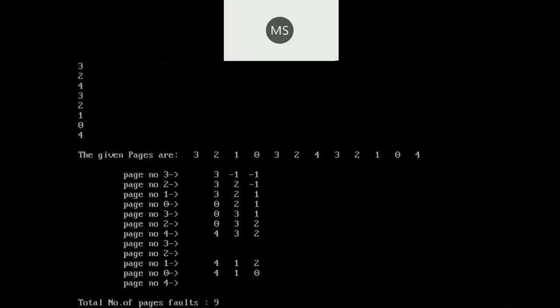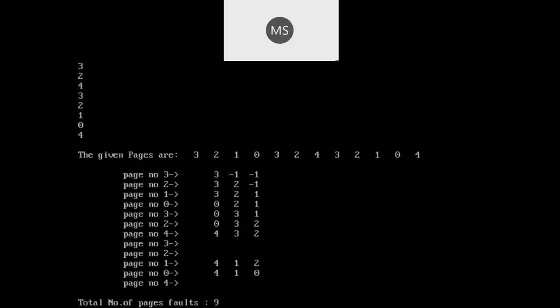Total number of pages is 12, so enter the page numbers one by one: 3 2 1 0 3 2 4 3 2 1 0 4. The total number of page faults is 9, that is verified.